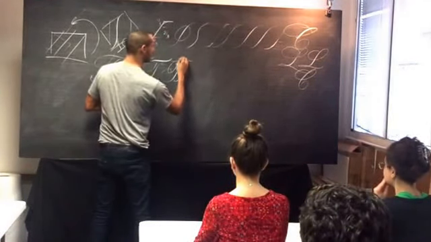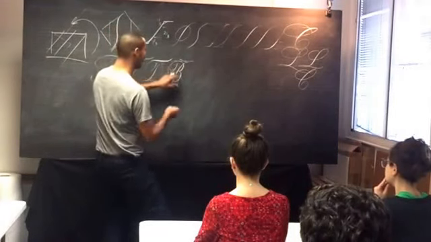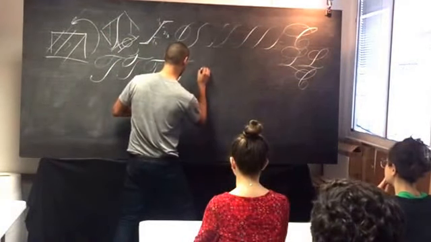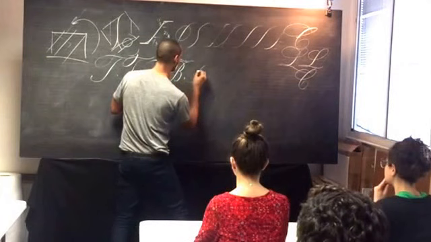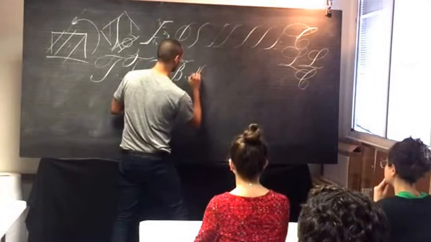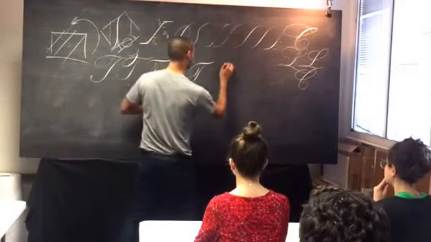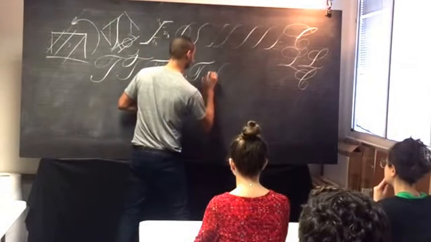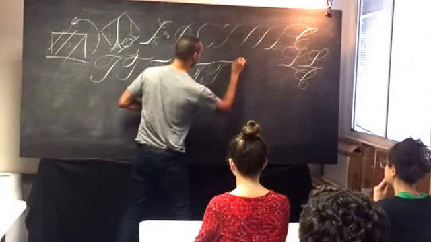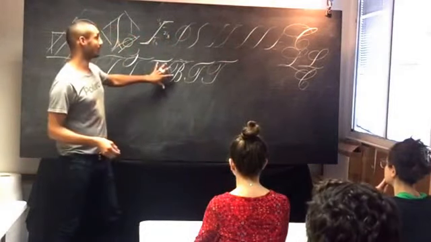The line has a relationship to the highest point. With a T, you want to start lower down. Otherwise, you will end up with a letter that is massive compared to the other capitals.